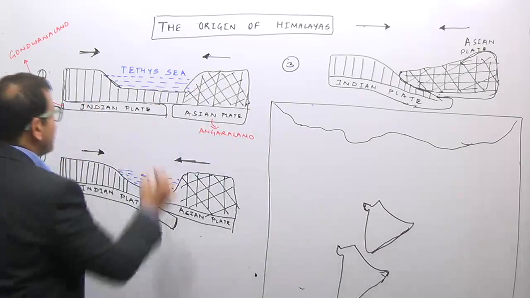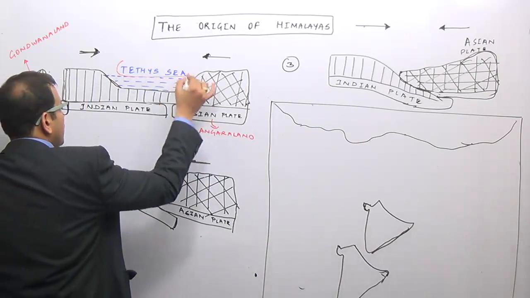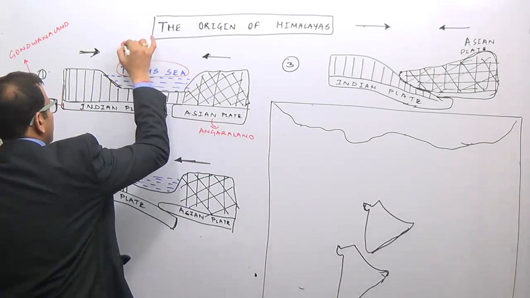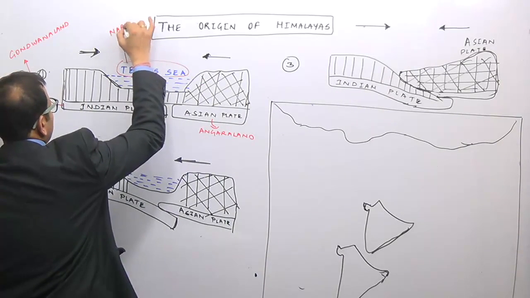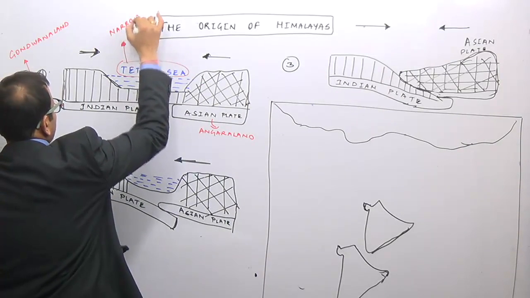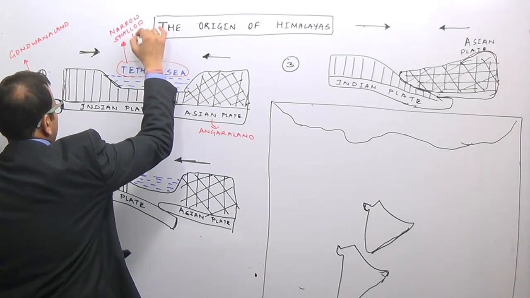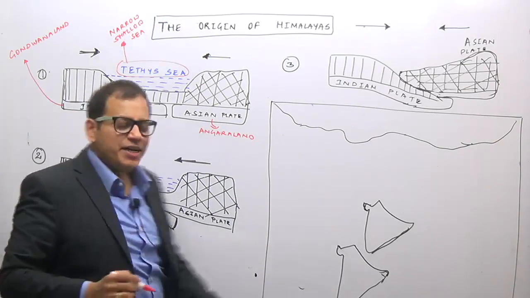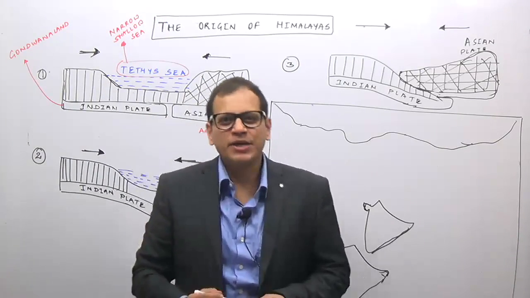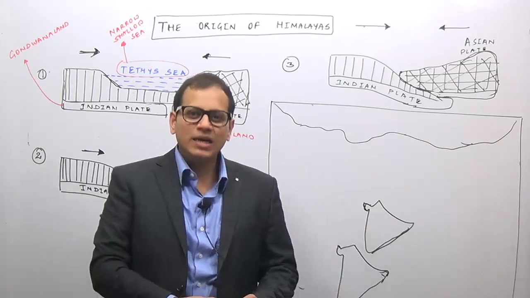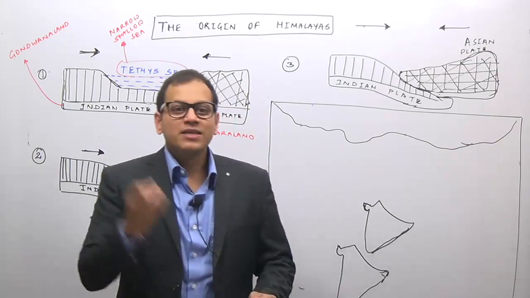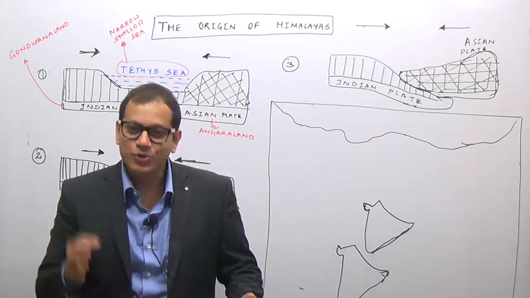So this Tethys Sea was a narrow, shallow sea which separated the Indian plate from the Eurasian plate, or which separated Gondwana land from Angara land.